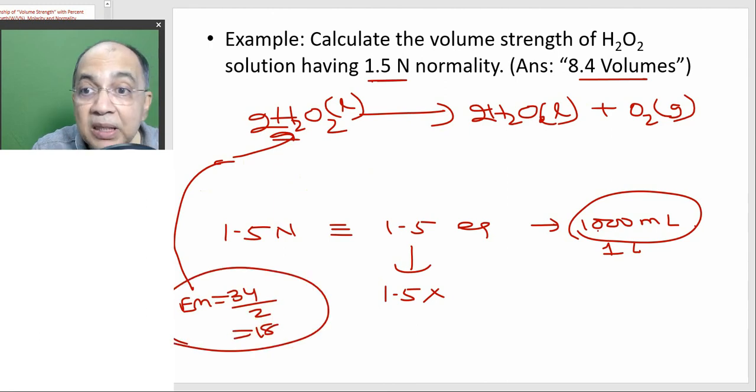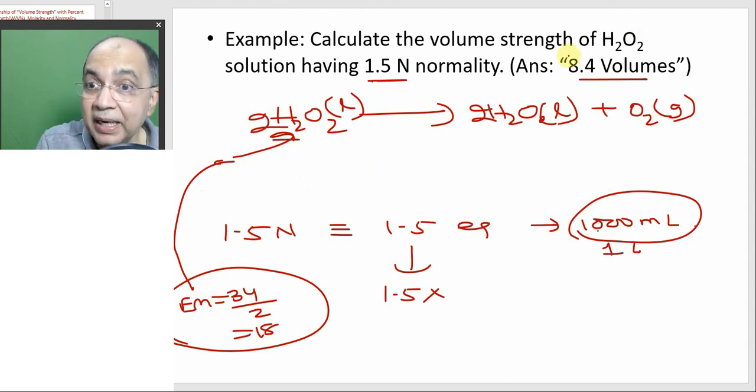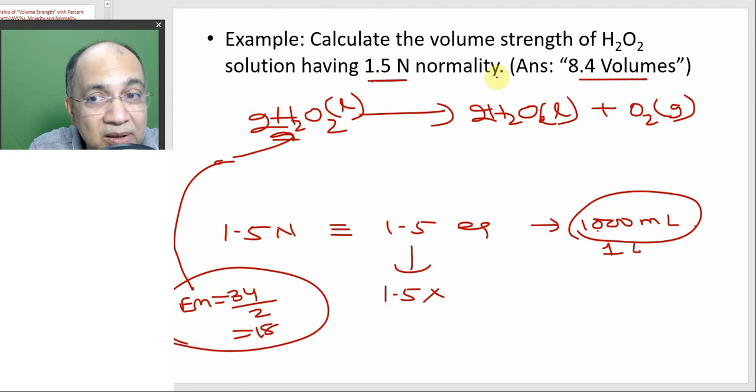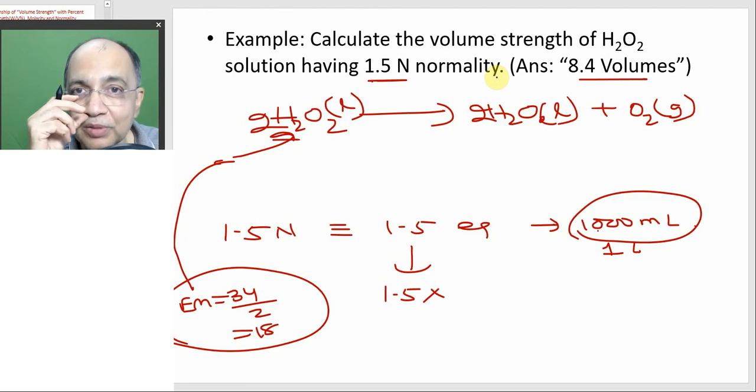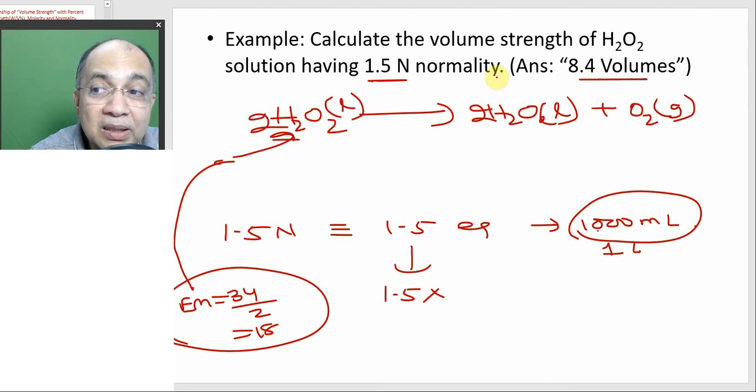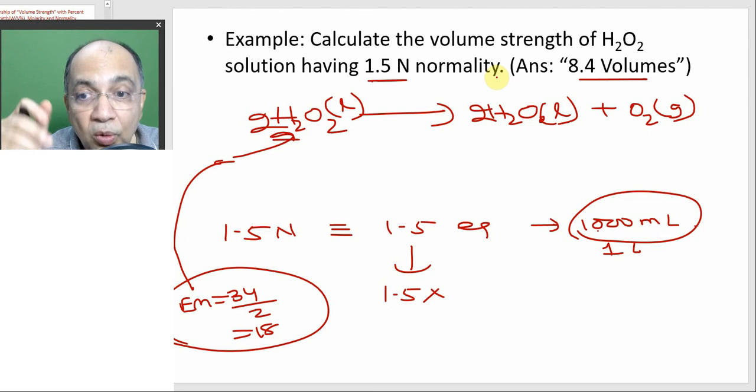So don't ask me that H2O2 has equivalent mass of 34 in a disproportionation reaction. If nothing is said, you presume that H2O2 will be used as an oxidant or as a reductant, not undergo disproportionation. It's a valid question. A student asked me in class how could you know that the H2O2 you have in a bottle will not be used for disproportionation, and why we take the N factor 2.